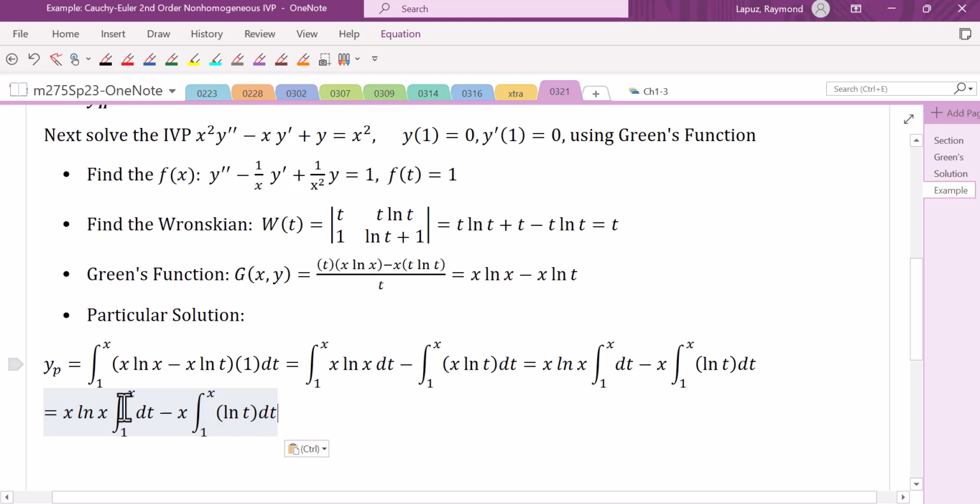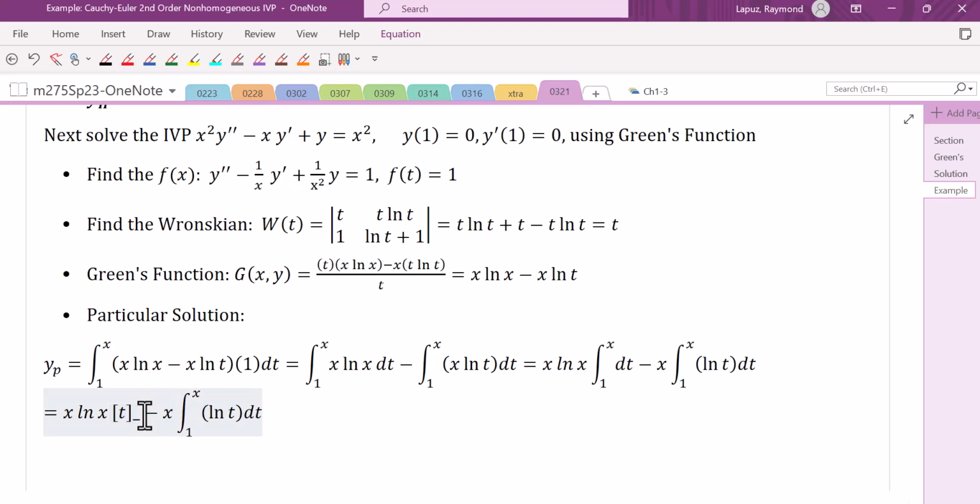So the first integral here is just going to be t, and then we're going to need to evaluate that integral from 1 to x. And then our second integral, this is a little bit tougher, but you can try to remember the formula, or you can try to do integration by parts.